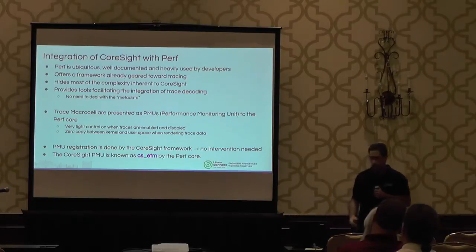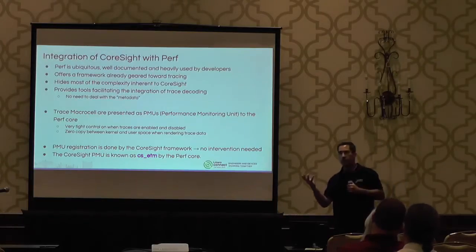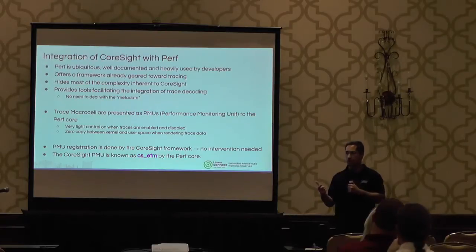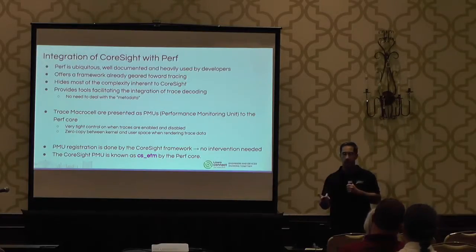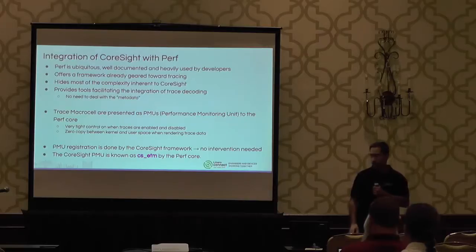How we did this. So when we're talking about Perf, there's this concept of performance management unit, or monitoring unit, I should say. So what we did is represent our tracers as PMUs to the Perf core. From there, Perf is simply not aware that it's using CoreSight. It's like any other tracer. You hide the hardware-specific bits behind interfaces, behind an operation structure, and the Perf core just works seamlessly.